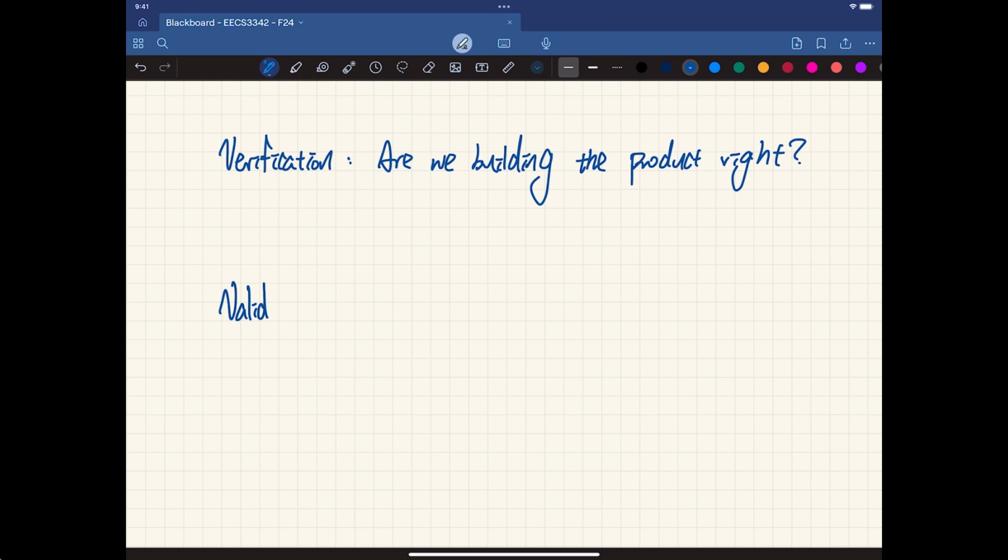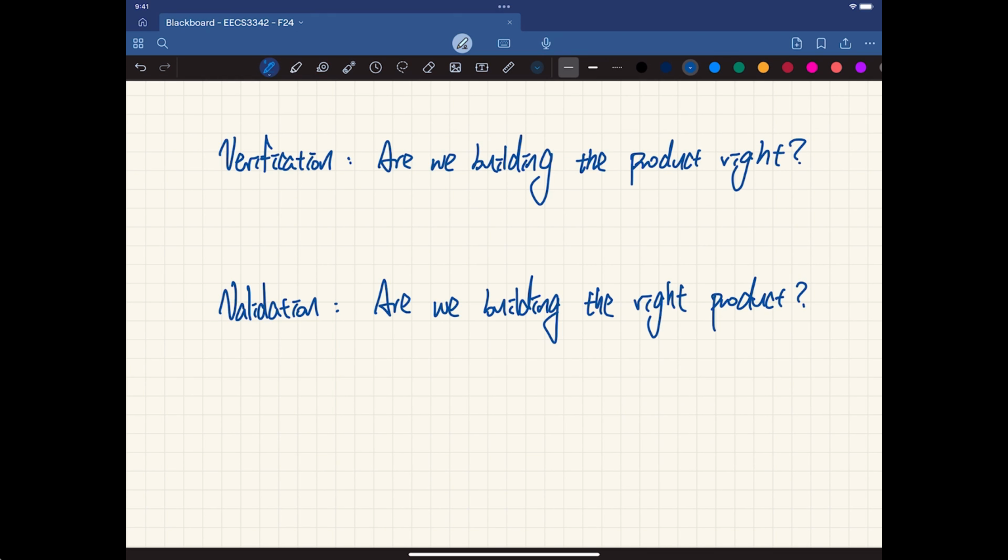Validation, on the other hand, is defined as follows: are we building the right product? It's an interesting definition actually. Just by putting the right over here versus the right over here, it describes the essence of these two. Can you see the difference between these two sentences, what they're trying to say?